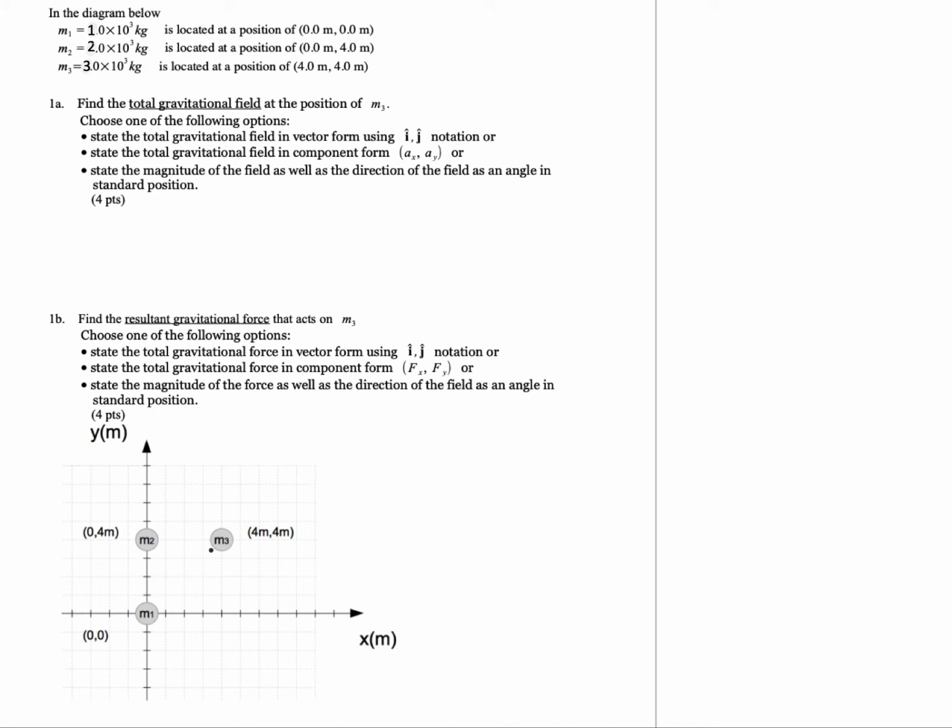Now, the way it works is M3 is going to be simultaneously attracted to M2 and M1. So there'll be two vectors on there. All right, so we could give those names.